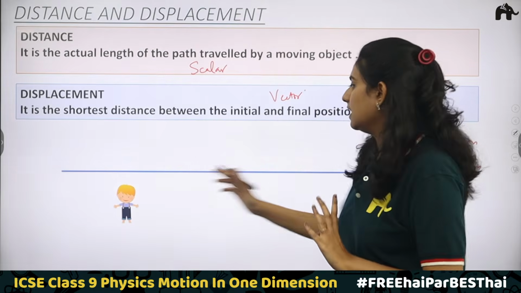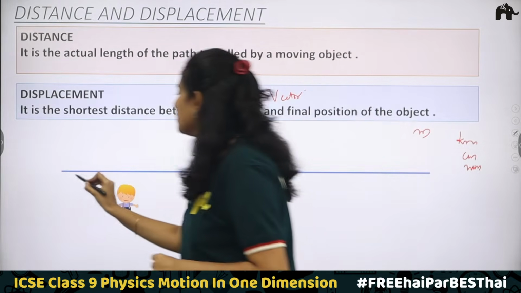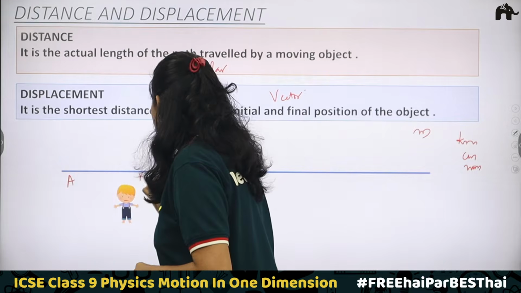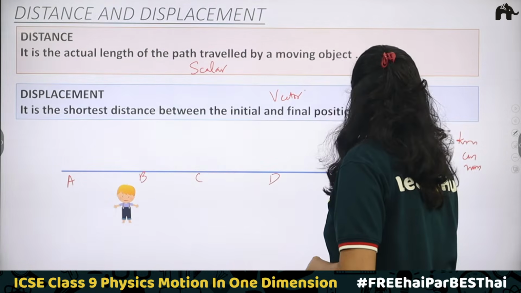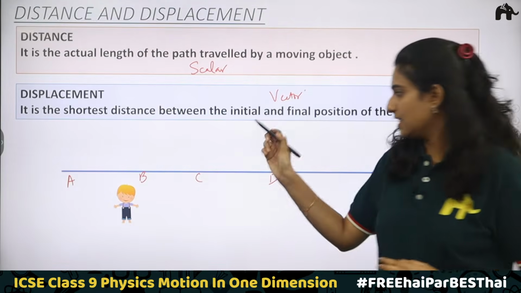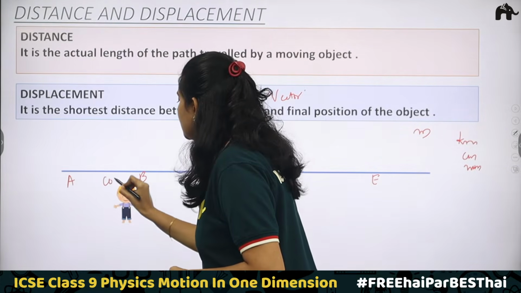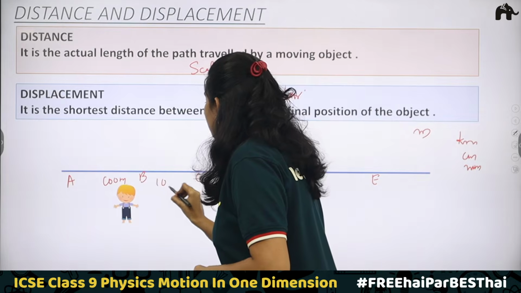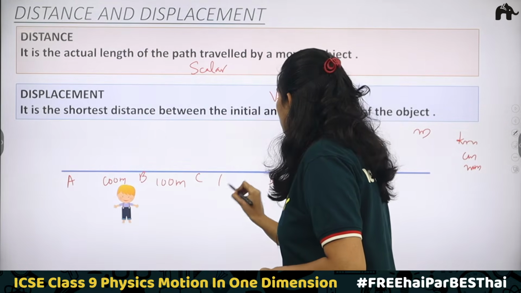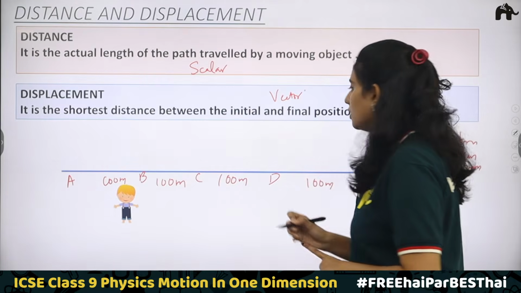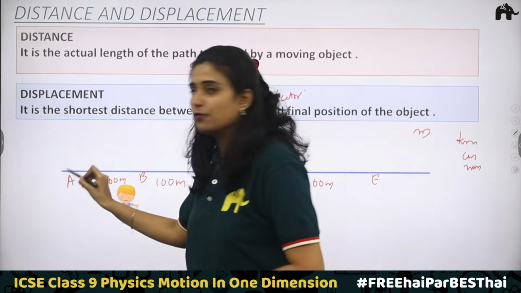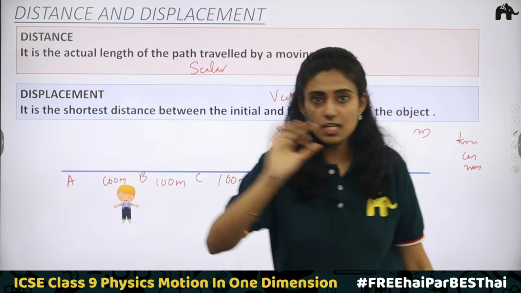Now take this case. Here we have the boy. He starts from a point A, reaches B, then reaches C, D and E. Let's say A to B the distance is 100 meter, B to C 100 meter, C to D 100 meter, D to E 100 meter. So this is his initial position.